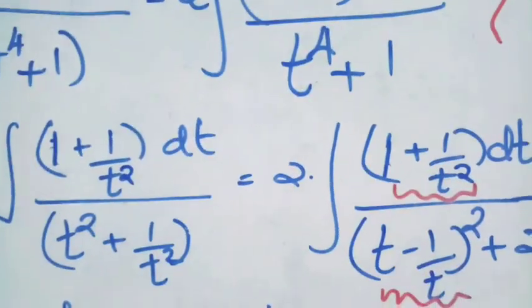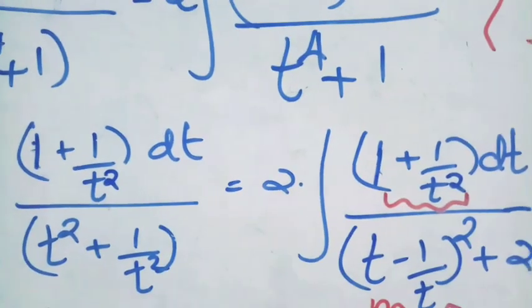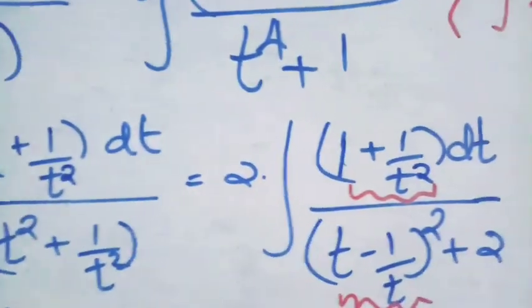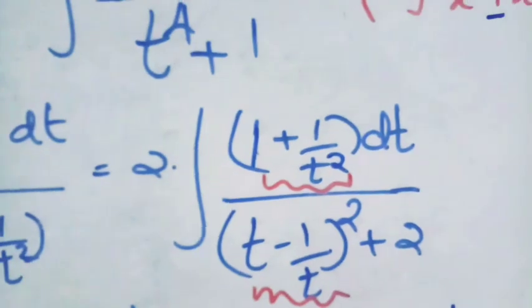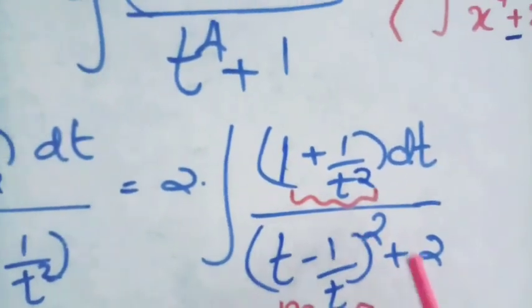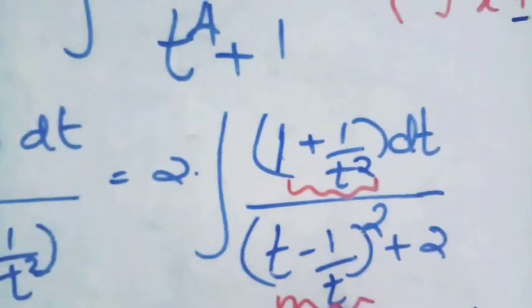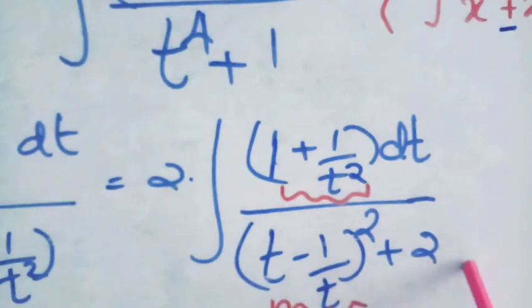See the denominator, t square plus 1 by t square, that is of the form a square plus b square. We can write it as a minus b the whole square plus 2ab. Here ab means t into 1 by t, that is 1, and that is 2 into 1.